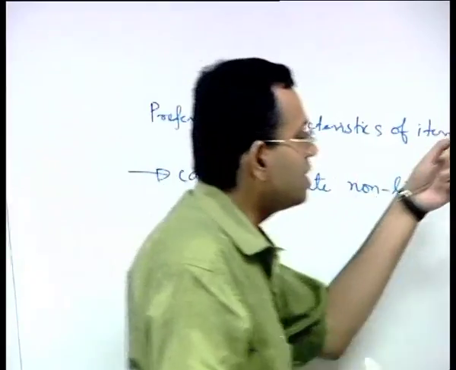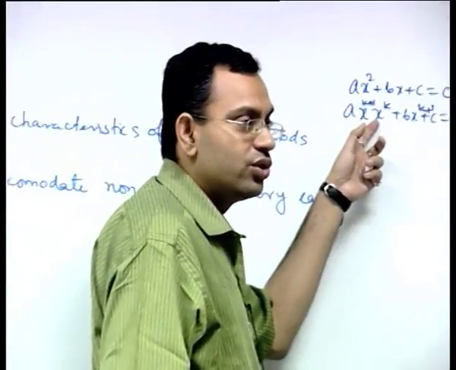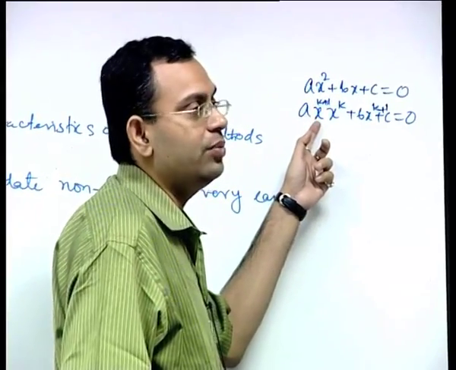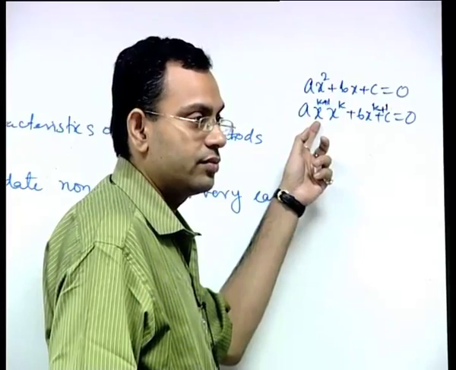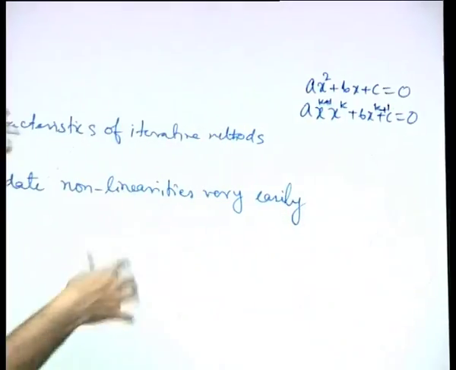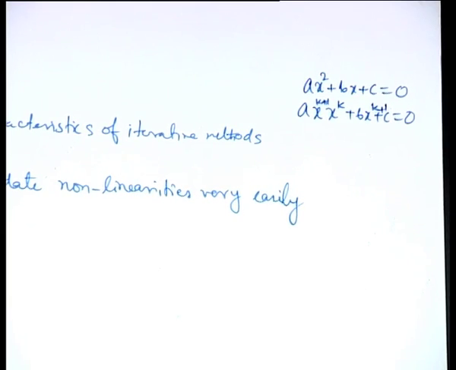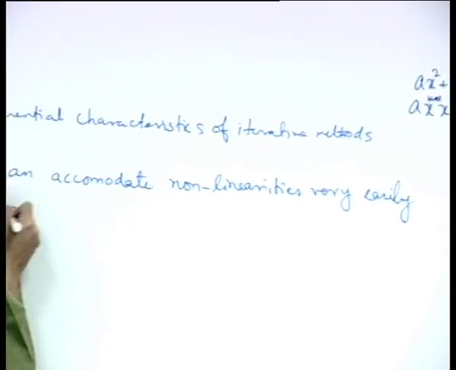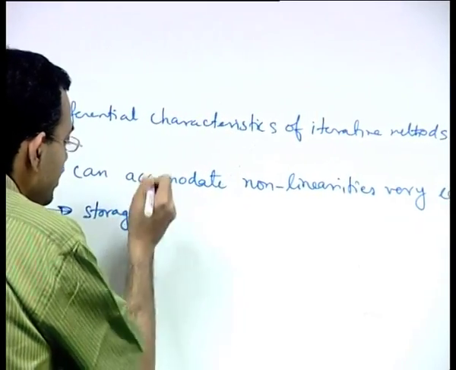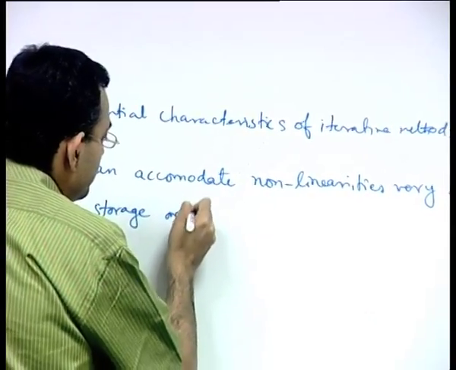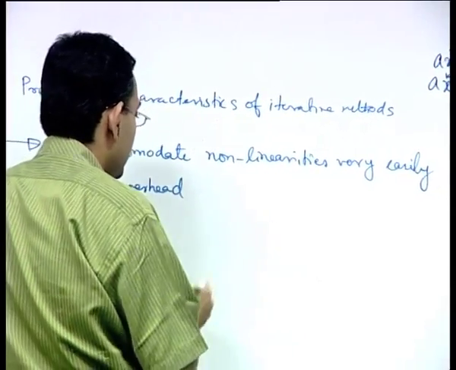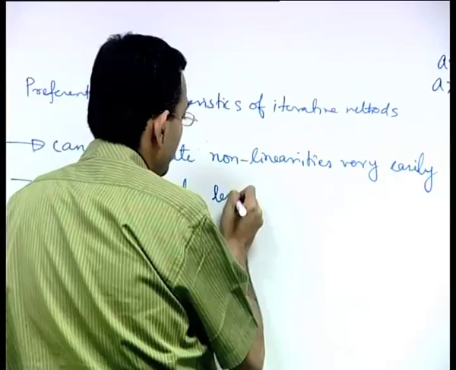A part of that is some old value, so that when you write it in this way it is a pseudo linear form in terms of xk plus 1. So in an iterative environment you can very easily accommodate non-linearities, and storage overhead is also less for iterative schemes. Storage means computer storage overhead for the data is less for iterative schemes.